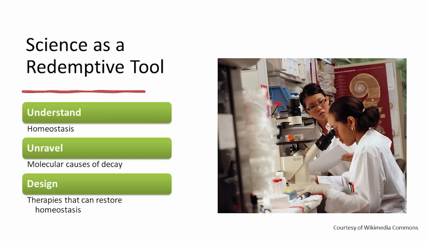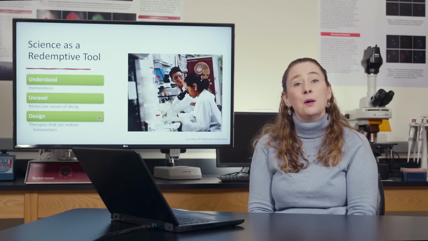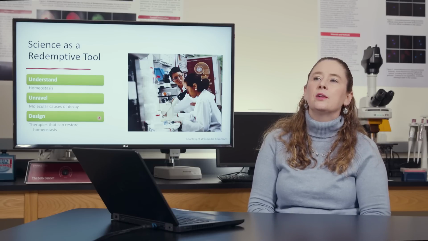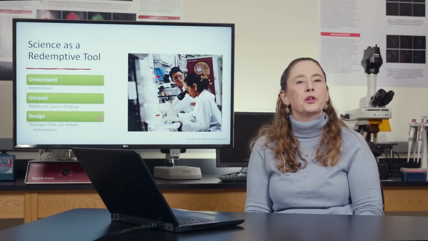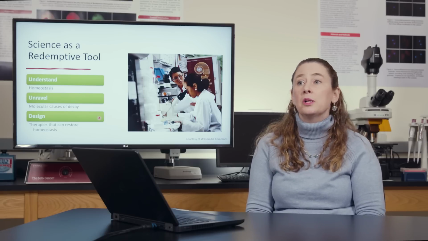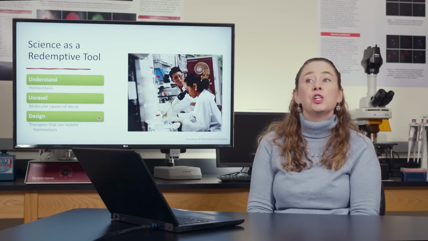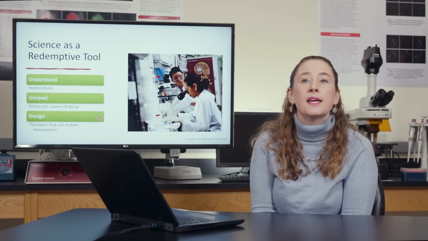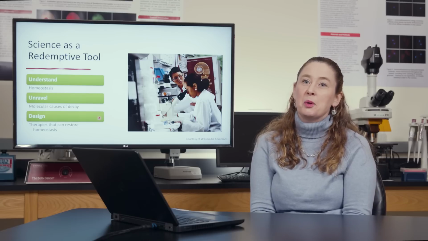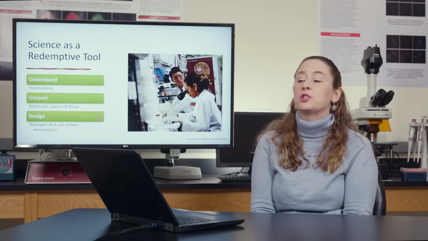Now, in some cases, you can really do a good job of restoring homeostasis. For example, if somebody breaks their arm and it's a clean break and a doctor comes and puts a cast on it, that's probably going to heal cleanly. And honestly, full function is usually restored in many of those cases. But in molecular biology, we're often not able to do that clean of a restoration.